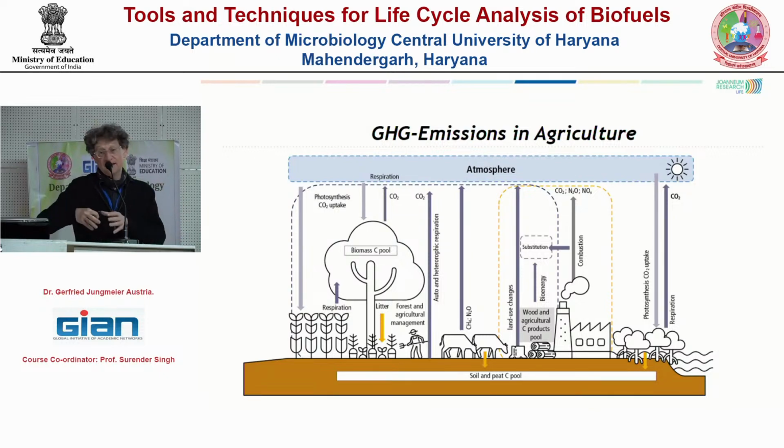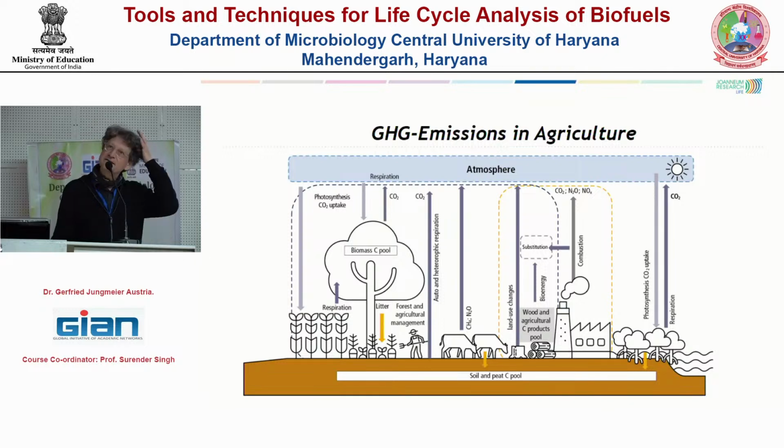You have methane emissions from the animal housing, or from housing the animals, and you have these N2O emissions, which are relatively relevant on a global scale, but also on a national scale. The N2O emissions are mainly dominated by the agricultural sector, yeah?